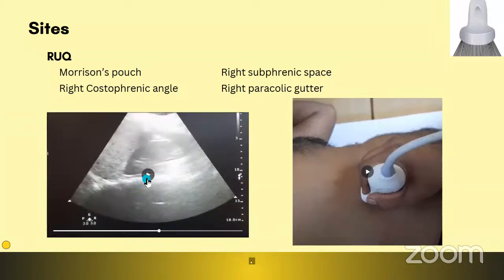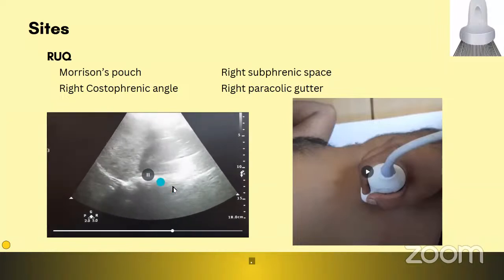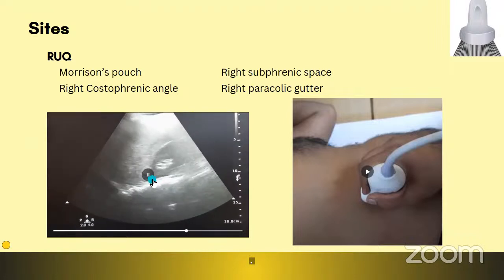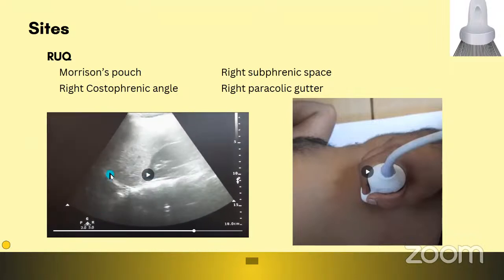Fine. So if you want to see more above, let's say, I am pushing it more above. Now freeze. This is the diaphragm, this is the liver. If I look above, this is where the lung tissue would be. So this area is called the right costophrenic angle. This is a potential site where pleural effusion can be appreciated.